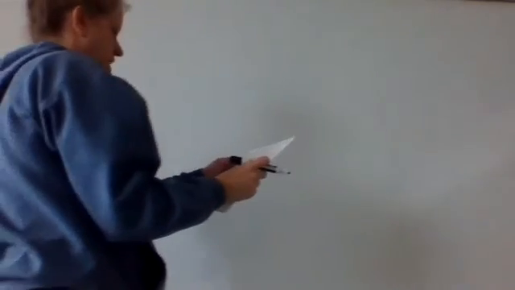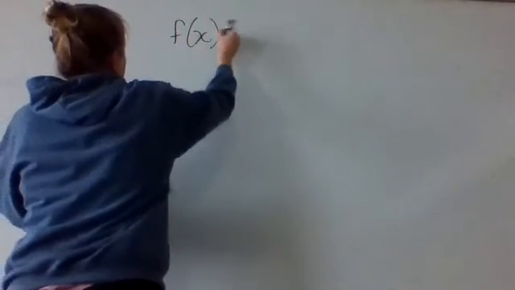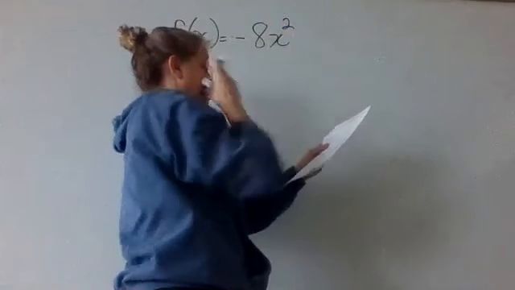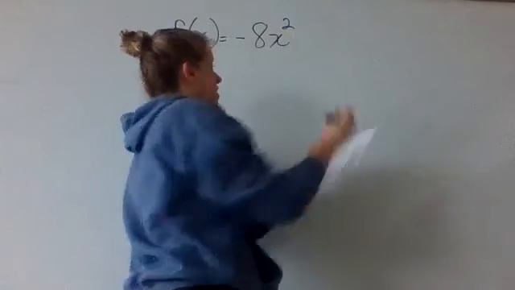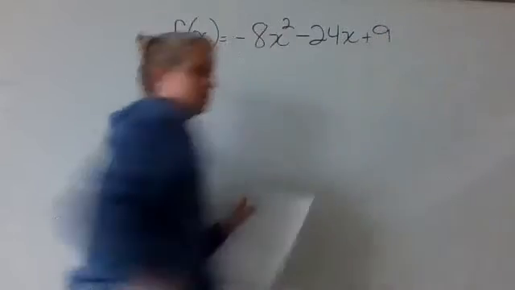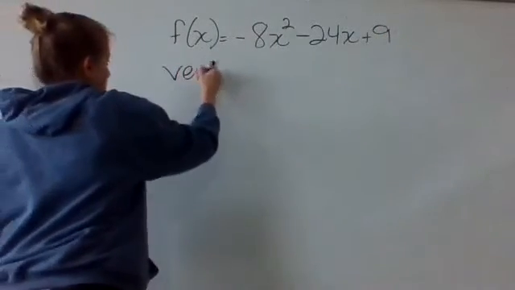All right, number 9, f of x equals -8x squared minus 24x plus 9. So the first thing it's always going to ask us is what's the vertex?